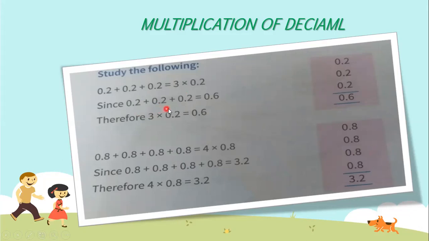Since when you add 0.2, 0.2, 0.2, you will get 0.6, in the same way if you multiply also, you will get the same answer, 0.6. Next, 0.8, 0.8, 0.8, 0.8, so 4 times, 4 into 0.8. If you add, you will get 3.2, or else if you multiply 4 into 0.8 also, you will get 3.2.